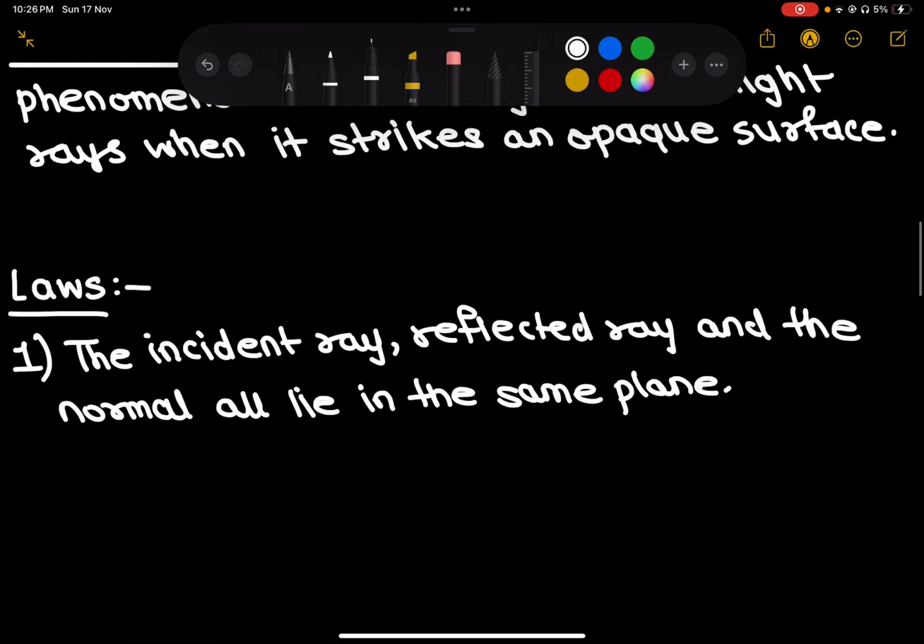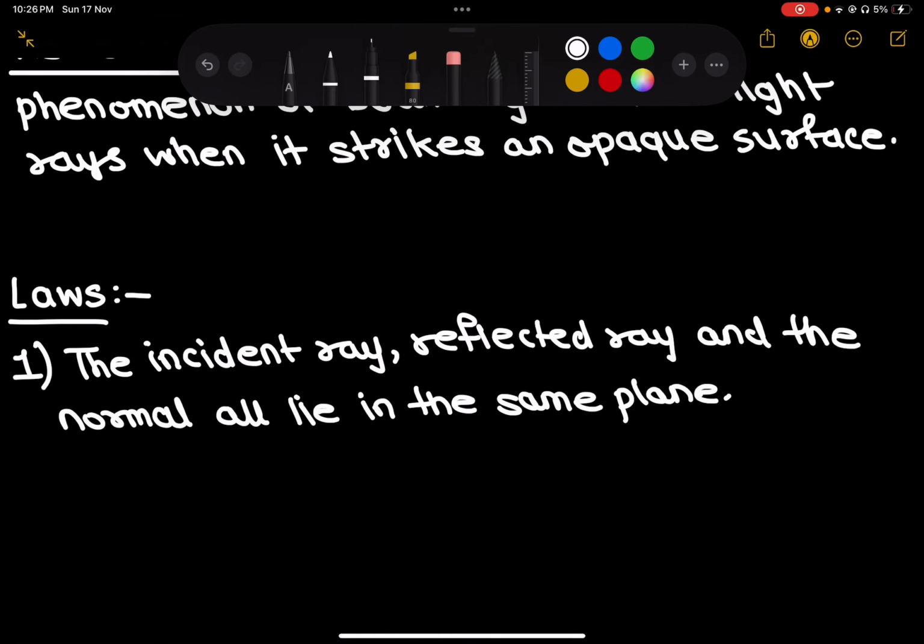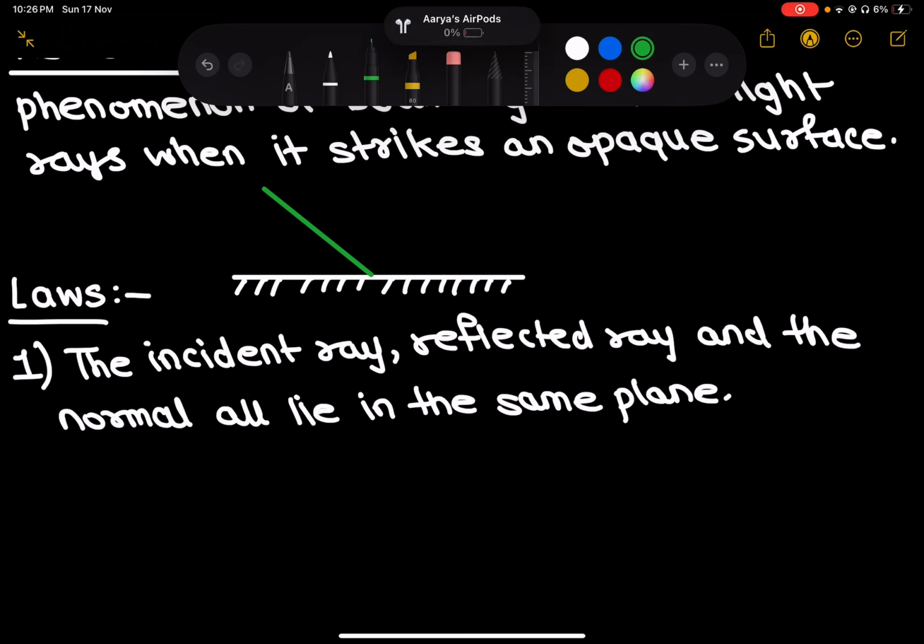What this means, I'll just give you a brief recap. For example, if this is your surface, this is your mirror, we'll take a plane mirror for now, and if this is your ray of light, then we draw a 90-degree line here, and then it gets reflected back. This is known as the incident ray. This is the reflected ray.